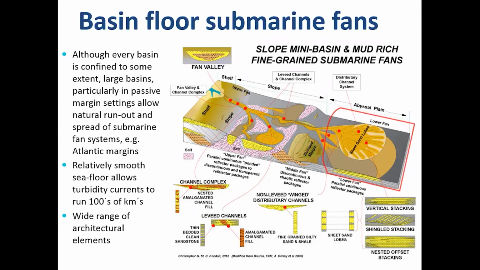A relatively smooth seafloor allows run-out of flows for hundreds of kilometers and can give us some of our more classical submarine fan and lobe type elements within these types of settings.